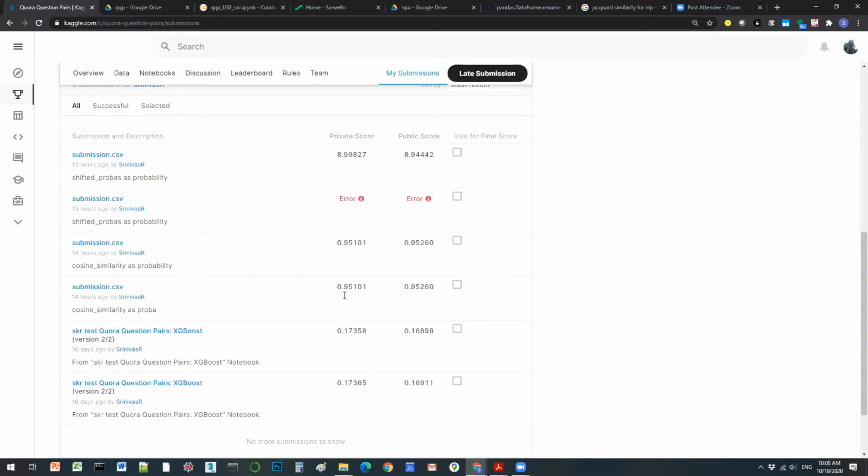And as you can see, Gautam also confirmed this, just taking the cosine distance using the universal sentence encoding gives results in this range, which is far worse than even the XGBoost that I just copied and reran just to make sure the submissions worked.